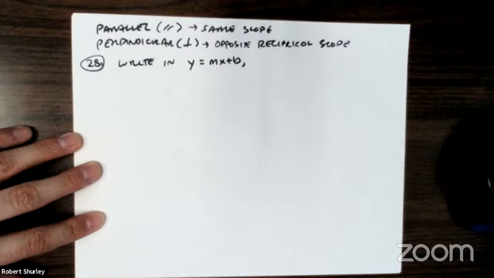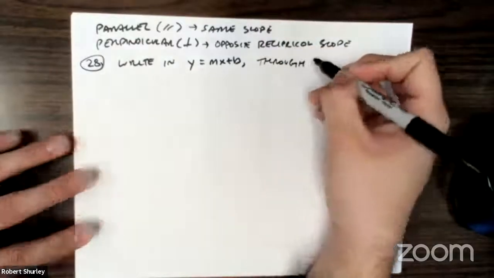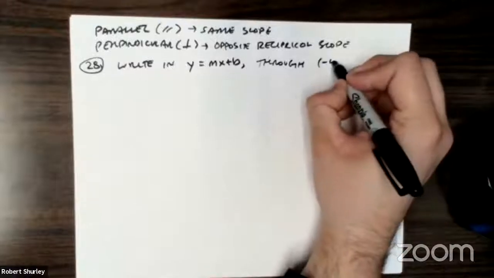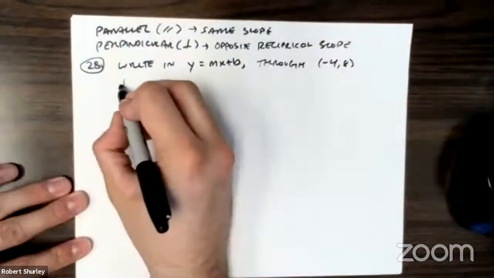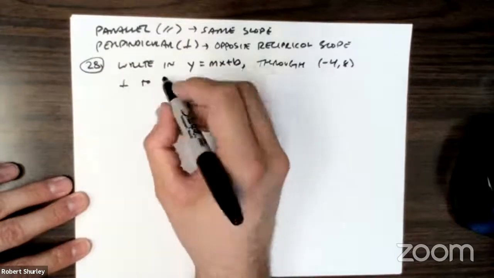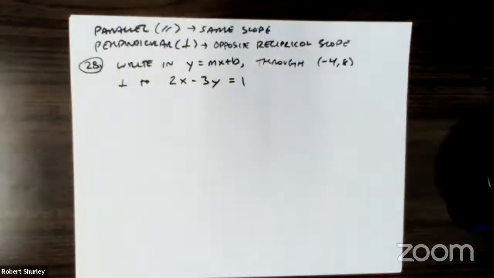Now we know that our line goes through -4, 8, and it's perpendicular to 2x minus 3y equals 1.